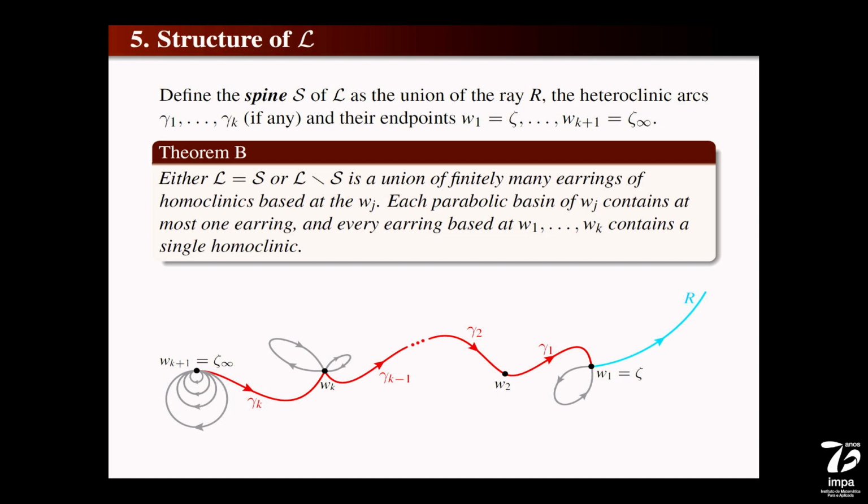So you could have a loop, say, at W1, but if that happens, it has to be a single loop. You could have, so at WK, that's an example of two different earrings, so they should happen in different parabolic basins, but they're single loop earrings. But maybe if there is a Hawaiian earring, it has to happen at the very end.